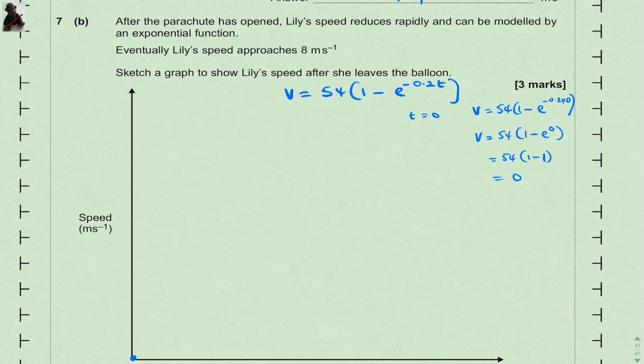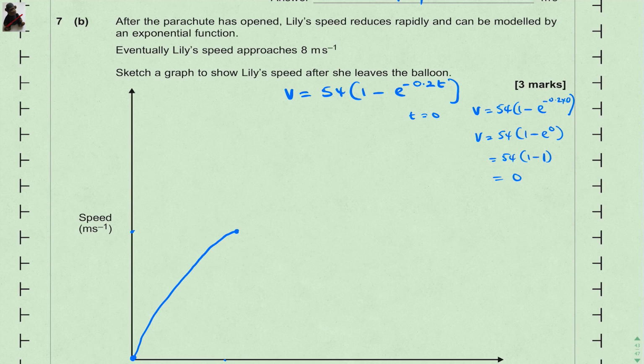Then you remember when t was 3, we got the velocity to be 24.4. So we just sketch the speed rising to 24.4 at t equals 3. That's the point.